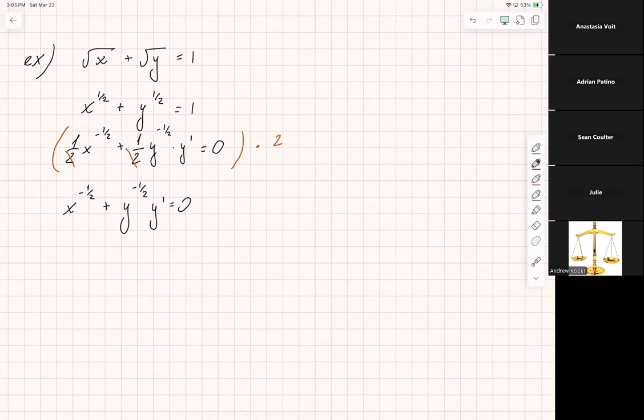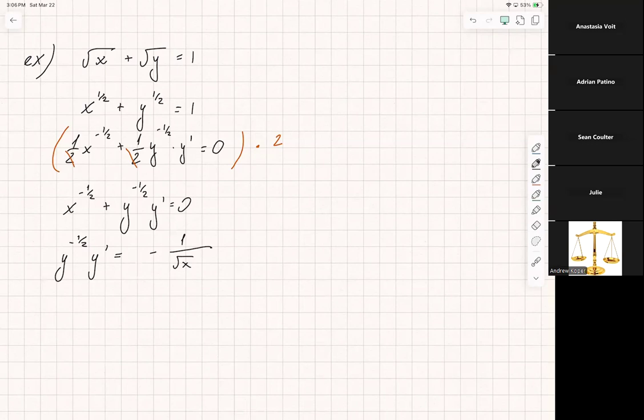Now, what I want to do is isolate y prime on one side of the equation. So we have y to the power of negative 1/2 y prime equals negative x to the power of negative 1/2, or we can also write it right away as 1 over square root of x.